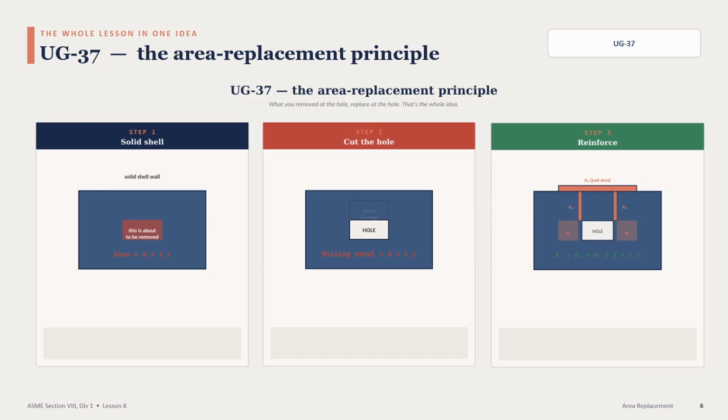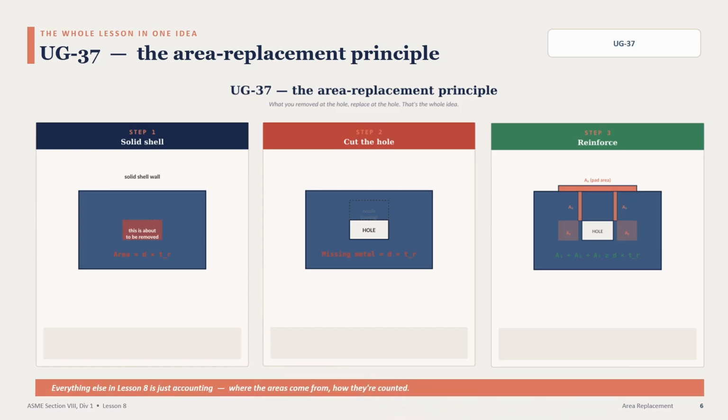Add them all up. That sum has to be at least as big as what we removed. A1 plus A2 plus A5 greater than or equal to D times T sub R.